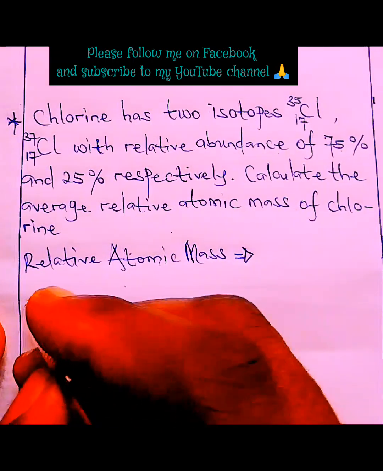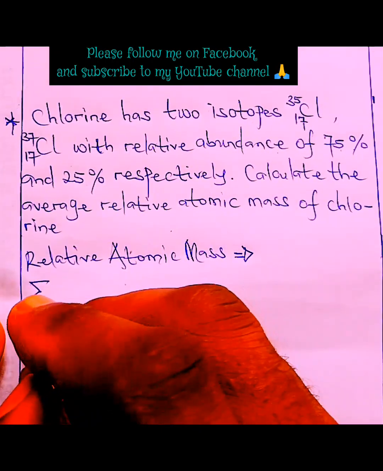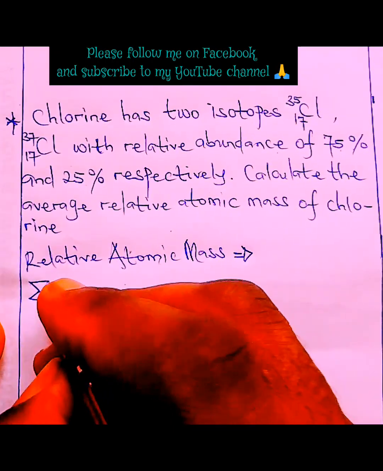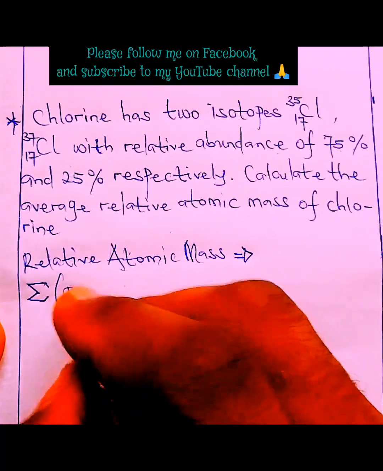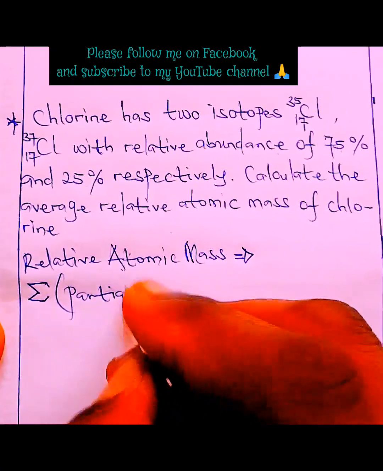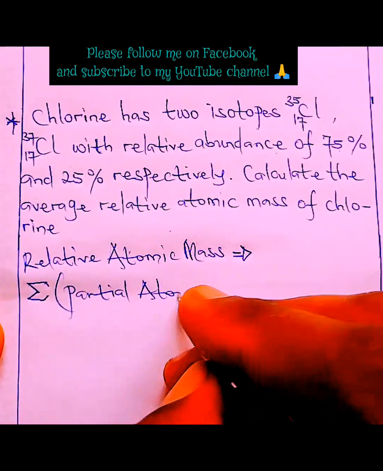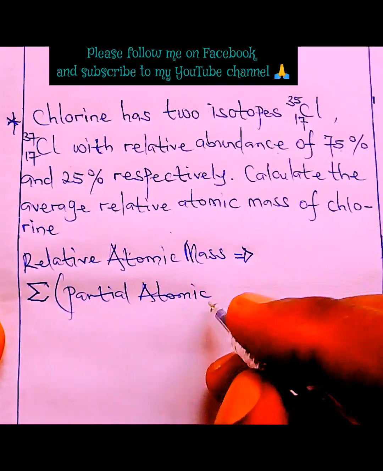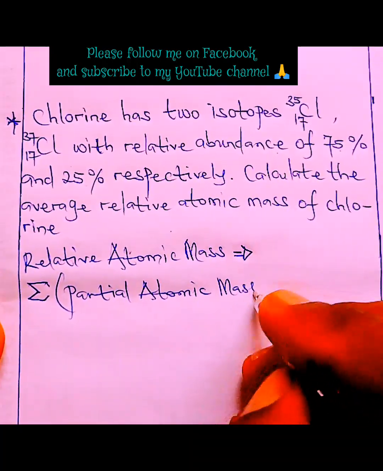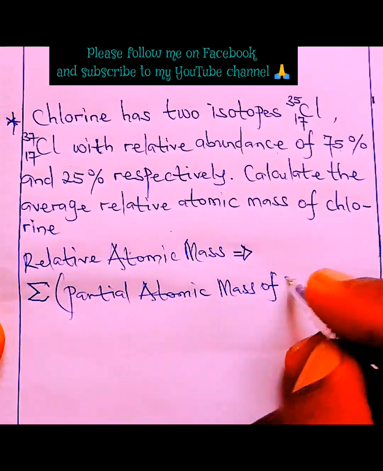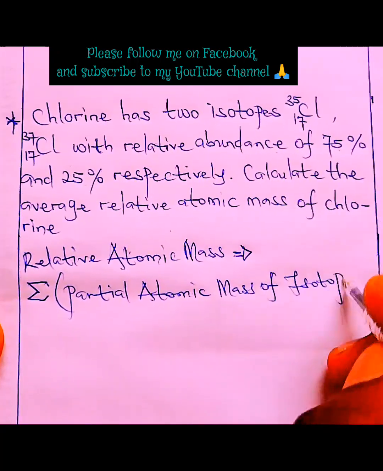We just have to get the summation, which is sigma, of the partial atomic mass unit, or the partial relative atomic mass unit, of each of the isotopes given to us.